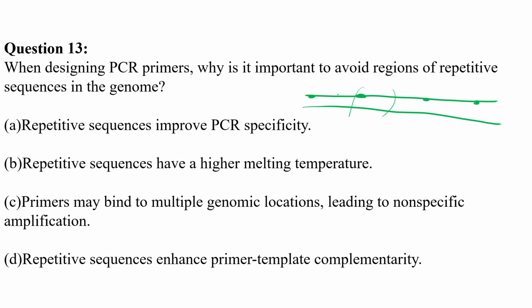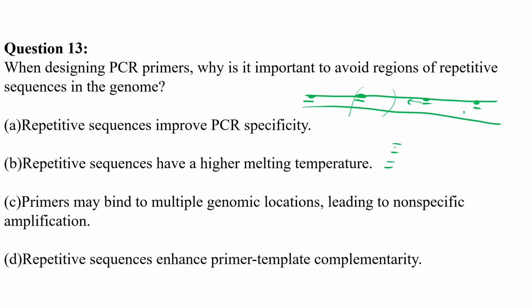If that is the case, the primers, along with annealing to this region, will also anneal to other regions, and extension will happen. Because we are doing a polymerase chain reaction, we are adding the polymerase, so wherever the primer binds, polymerase will extend that region. So along with the region of interest, we will get other amplified regions, and again we will have non-specific amplification.